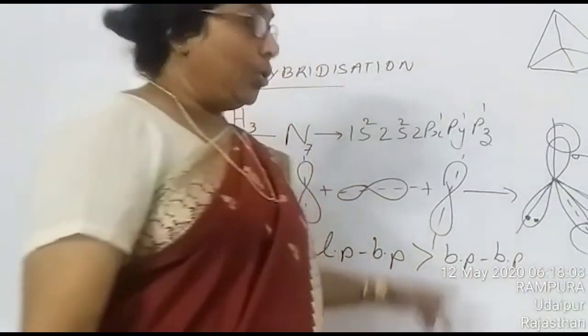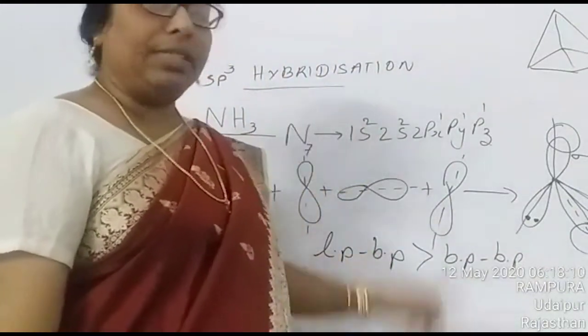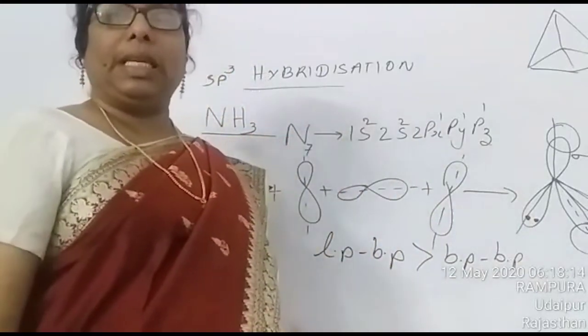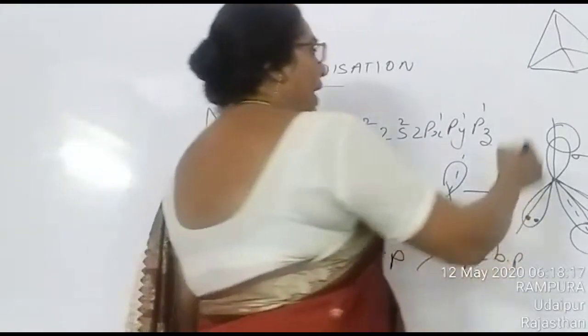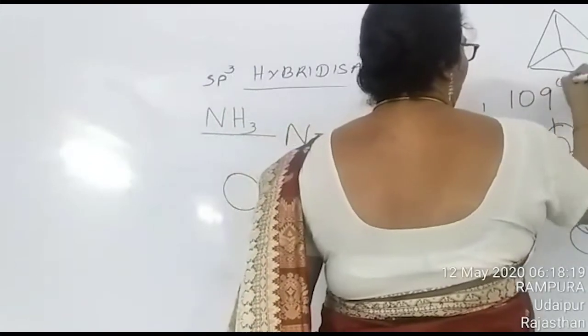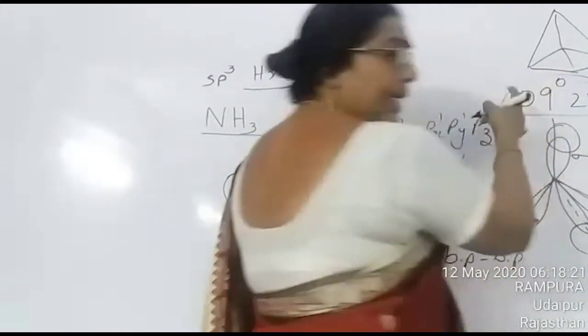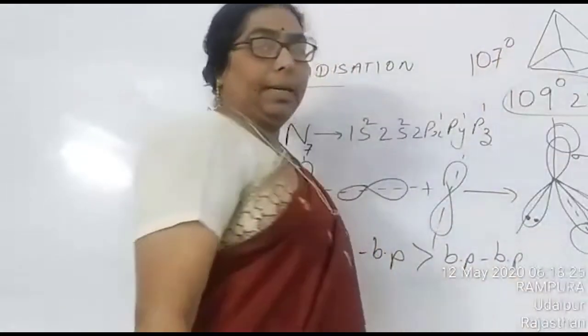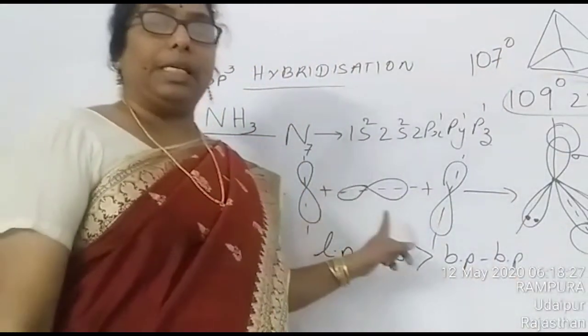Is it clear? In the last class we have seen that in case of a tetrahedral structure, or sp3 hybridization, the bond angle is 109 degree 28 minutes. But in ammonia it becomes 107 degree. Is it clear why the exception is there?